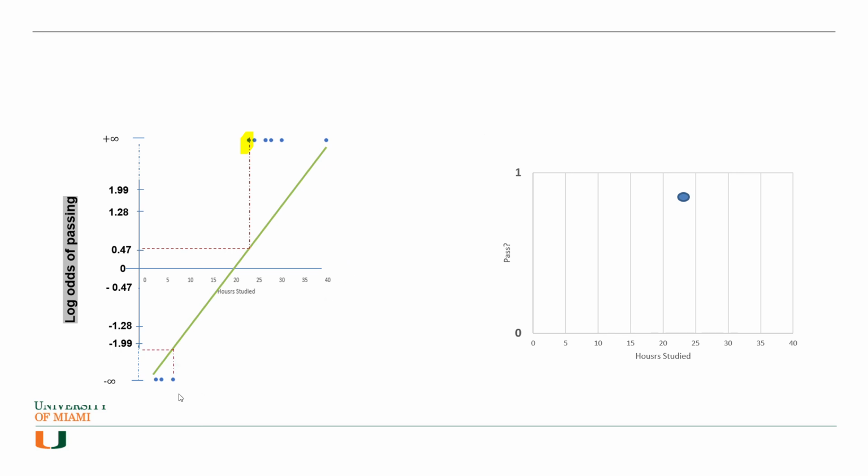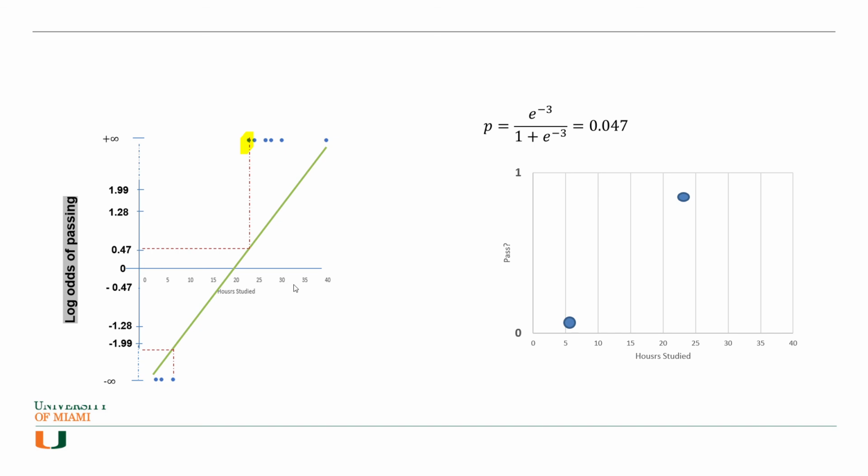So for example, for this guy, if you assume that this green line is the best line that can fit the data, you can figure out the log odds, and it looks like it's about -3. And then you can transform the log odds back to a probability using the formula and get the value of 0.047, which is going to be about this line, right?